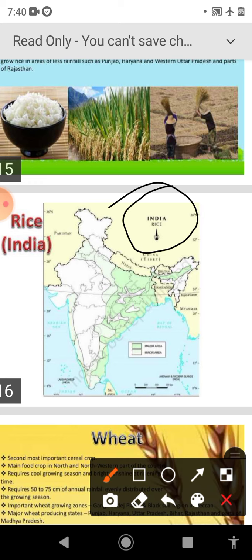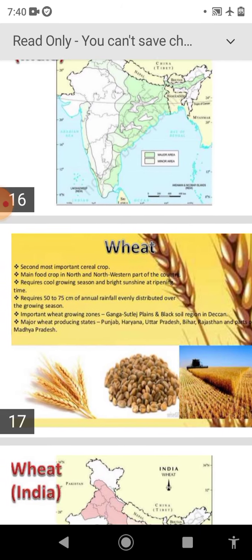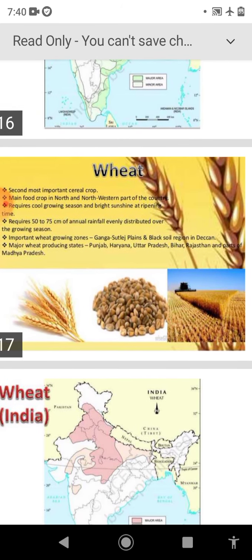Rice is also cultivated in Haryana, Madhya Pradesh, Kerala, and Gujarat. Some rice is also grown in the Kashmir Valley, and West Bengal is the largest rice producing state in India. After that, we will discuss wheat.